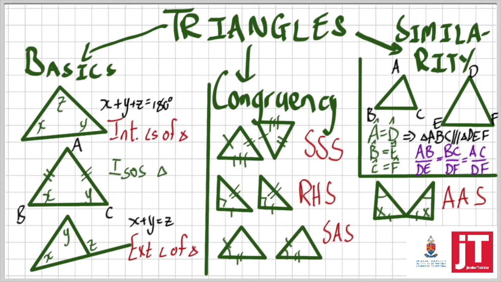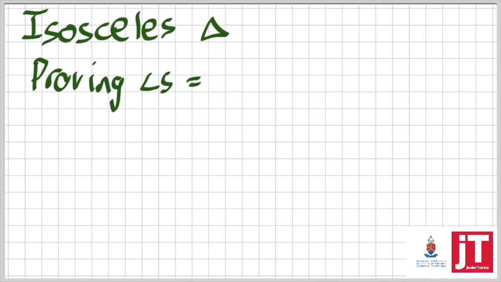But as I said earlier, I want to talk a minute or two about isosceles triangles. Isosceles triangles basically can be split into two things. Number one, what if I want to prove the angles are equal? So in other words, I'm giving you a triangle with two sides being equal. What do I know?